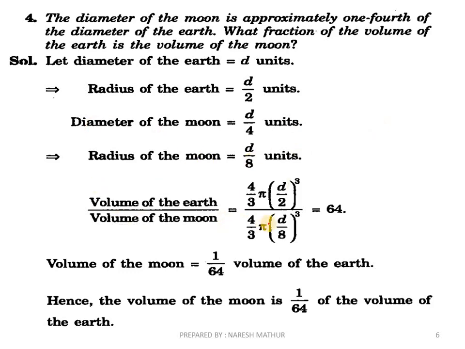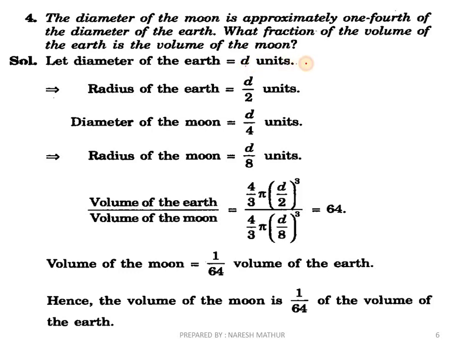Now in this question we need to find the ratio of the volume of the moon and the earth. So just start as in the previous question. Let the diameter of the earth be d unit, then the radius would be d by 2.